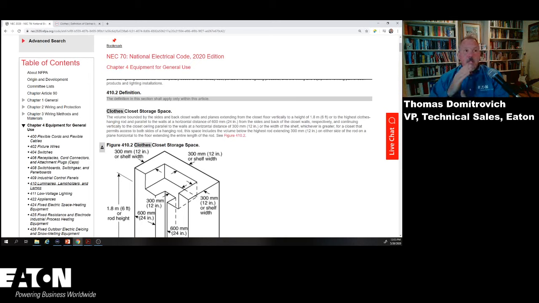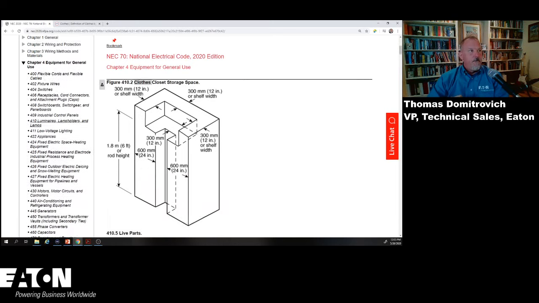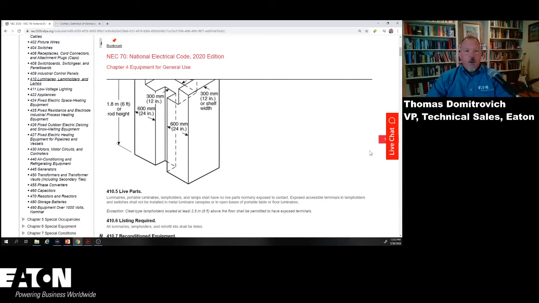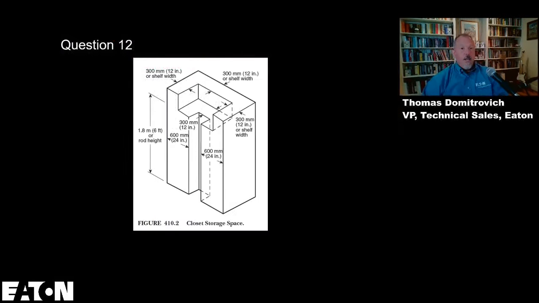But it doesn't seem that I have to have a rod for hanging clothes for it to be a closed closet. But after all of that discussion, in my opinion, we need better attention in 410.16 and 410.2 and 410.11. A good public input's probably worthwhile there.